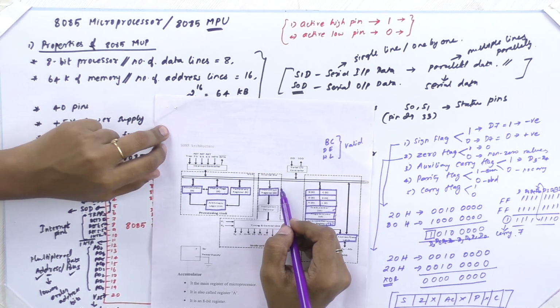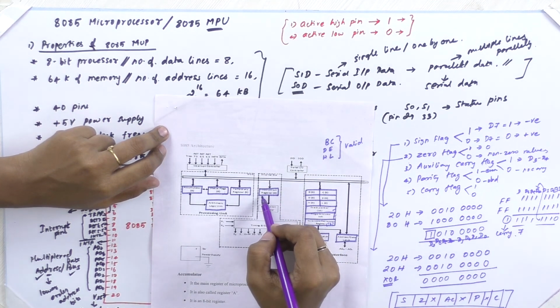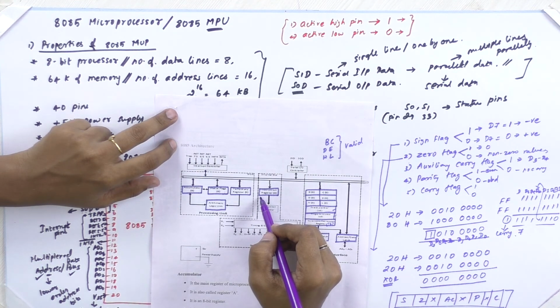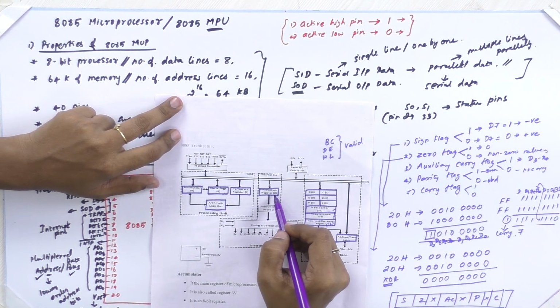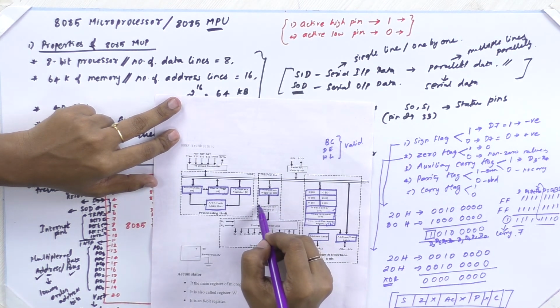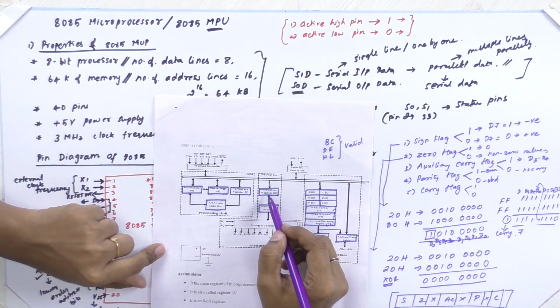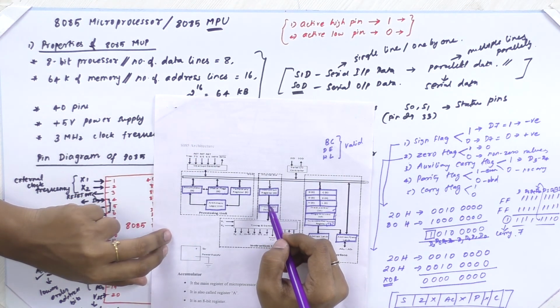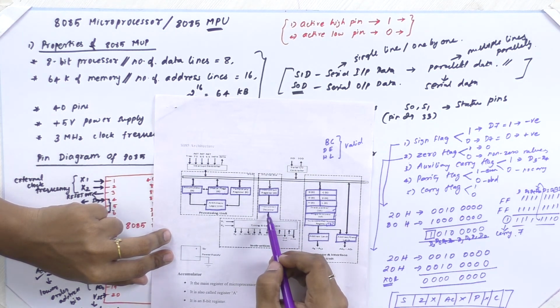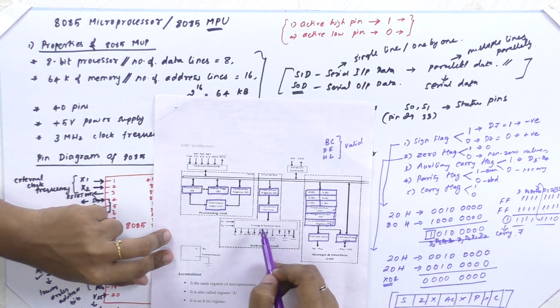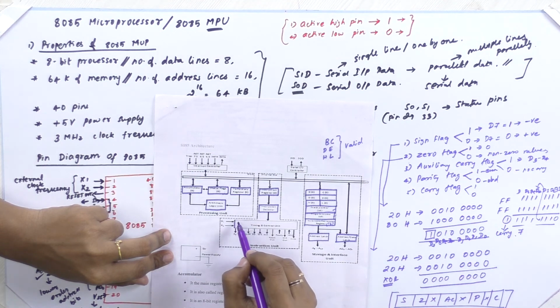This register holds the instruction that is currently being executed. And next is the instruction decoder, and the function of this decoder is to decode the number of machine cycles required by the instruction that is currently being processed. And after decoding, the value will be given to the timing and control unit.